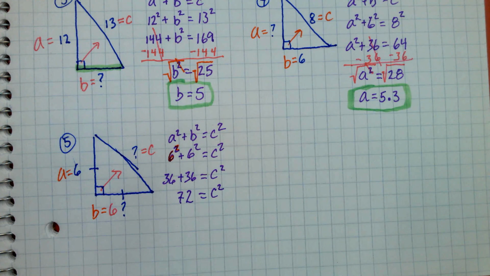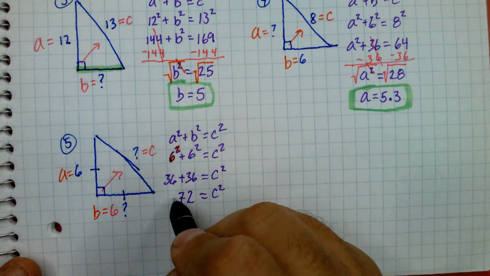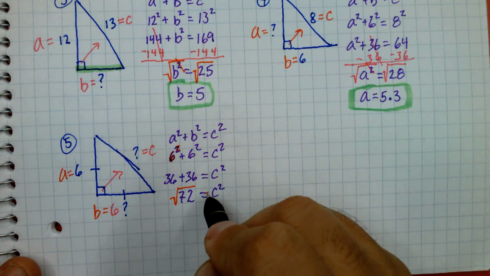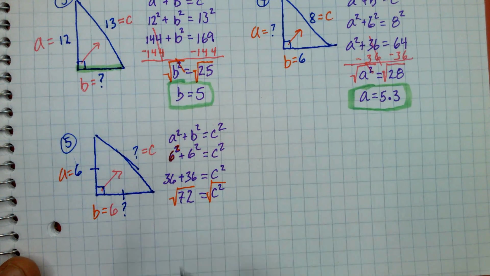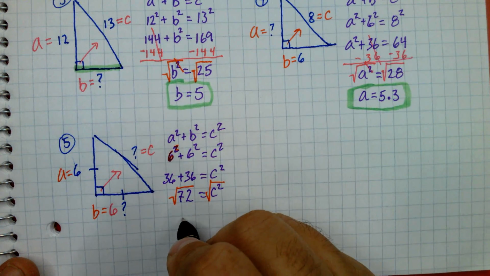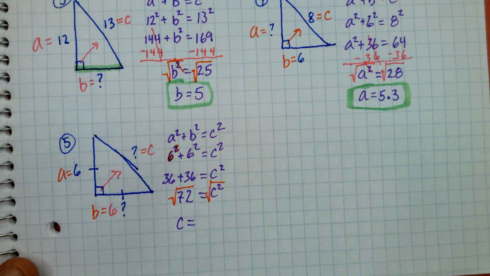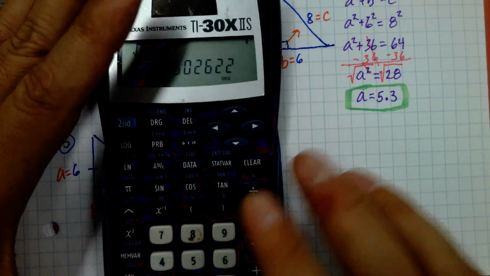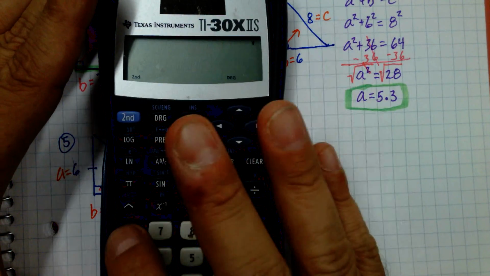Yeah, it's going to be 8 point something, right? It's between 64 and 81. 8.5? That seems very reasonable. So maybe we have C equals 8 point something. 8.5 seems good. Let's just see.